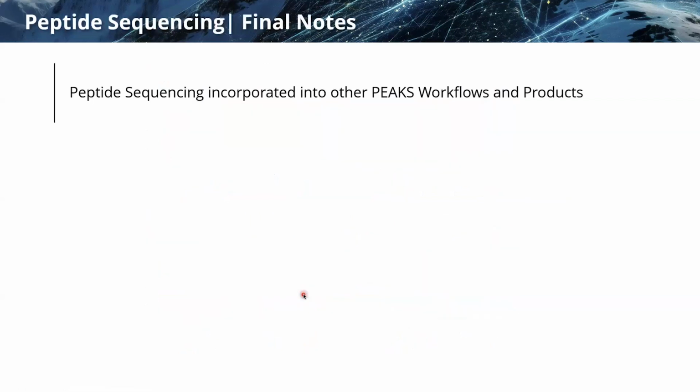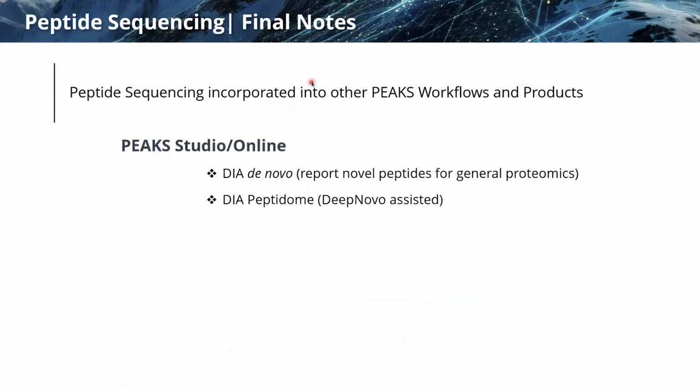And just to finish off with some final notes, the peptide sequencing algorithms that I showed you, both as standalone and as integrated into different workflows, were based on the DDA data. However, we do have DIA sequencing algorithms developed as well.